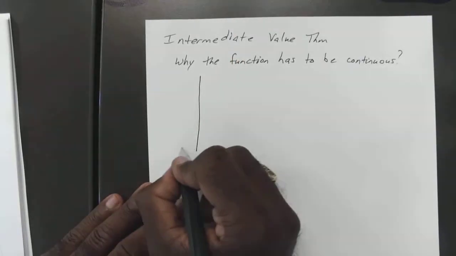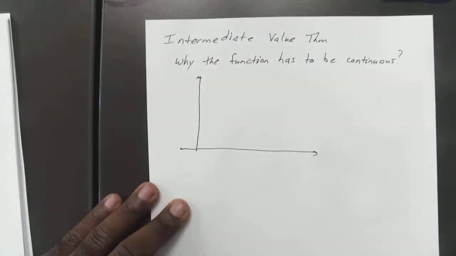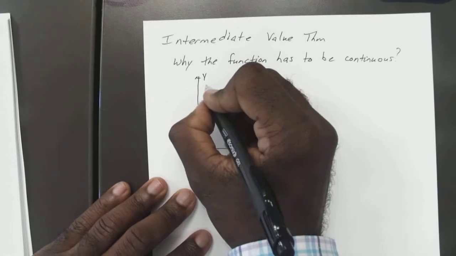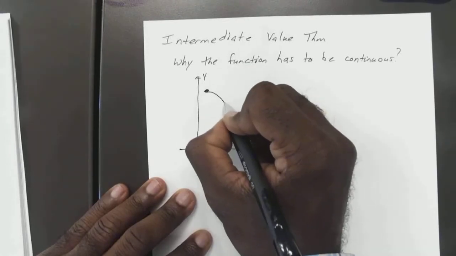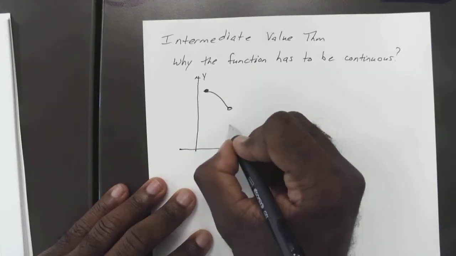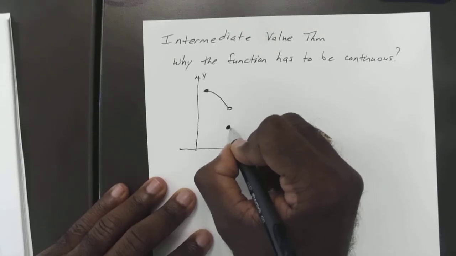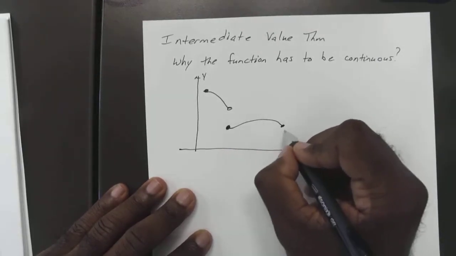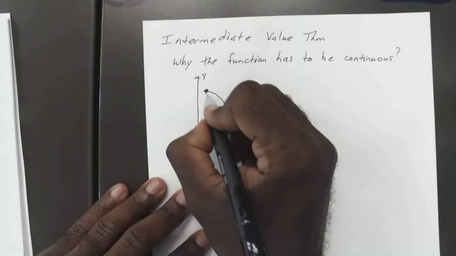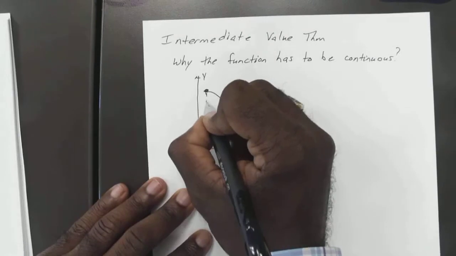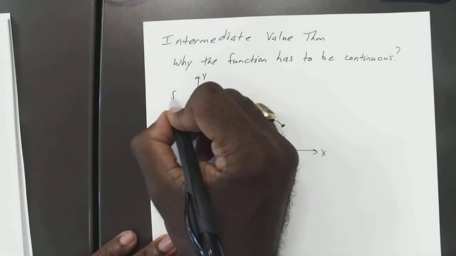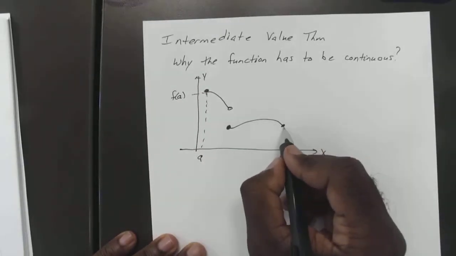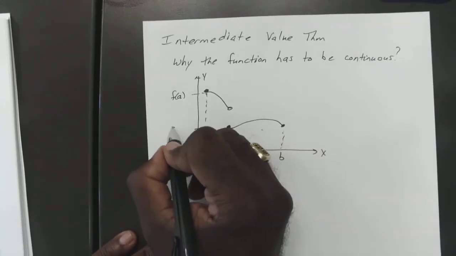Let's say you have a graph, you have your x and your y, and let's say we're looking at a graph between our A and B. So we know we have our f of A and we have our f of B.